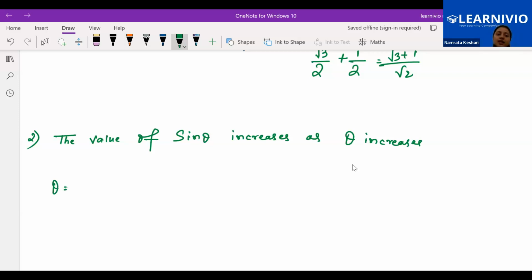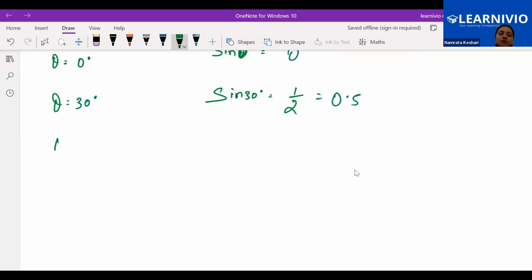Theta is 0 degree, sine 0 degree will be 0, right? Theta is 30 degree. What is the value of sine 30? 1 by 2. 1 by 2 in decimal means 0.5.